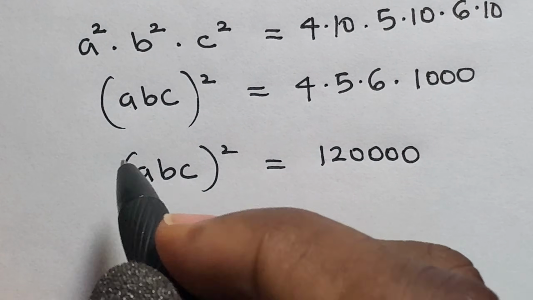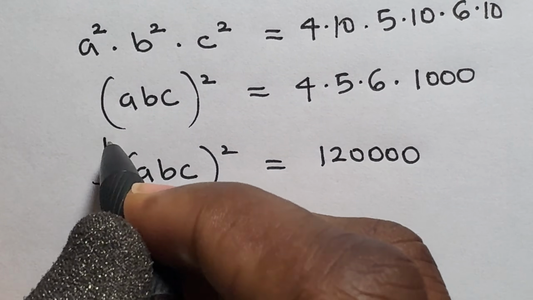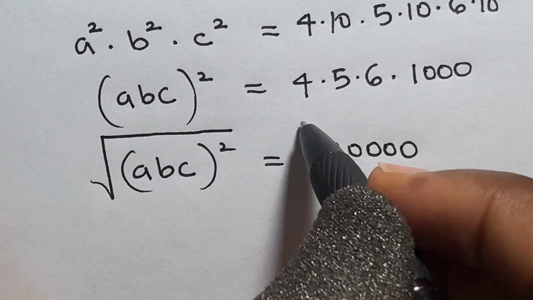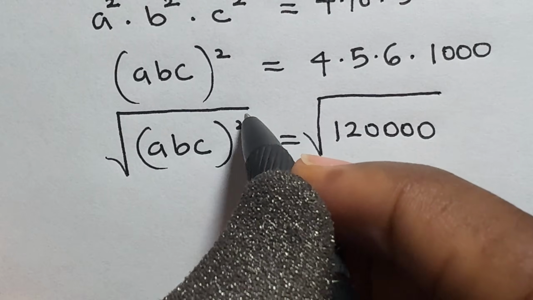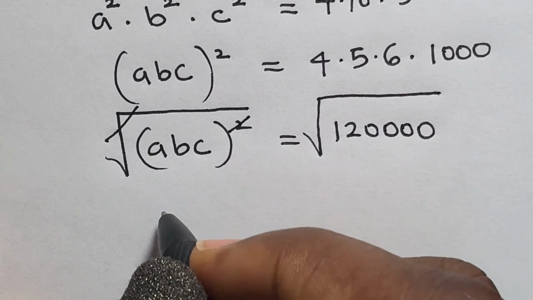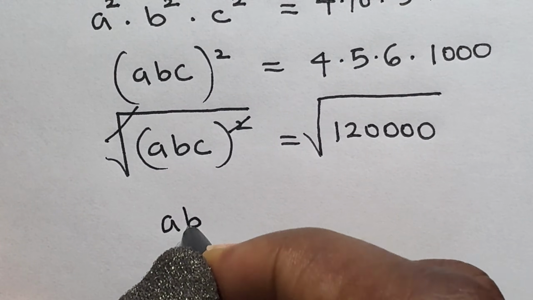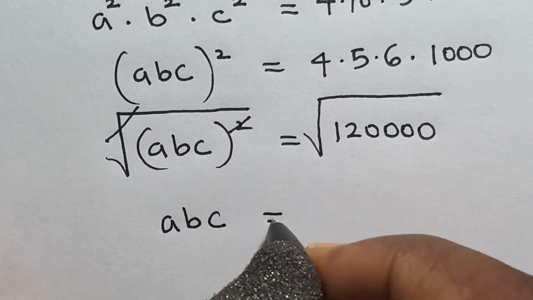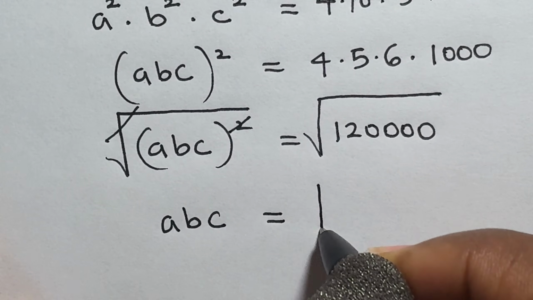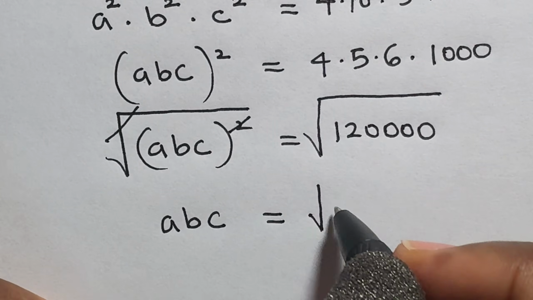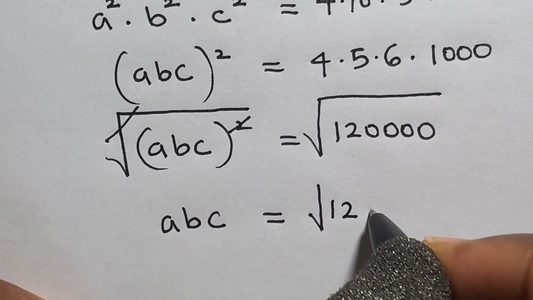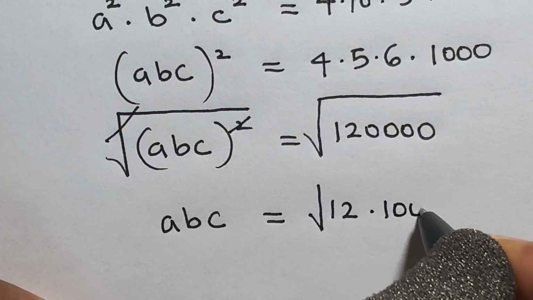And now I'm going to take the square roots of both sides. So that when this takes care of this, we'll be left with A times B times C is equal to the square root of, let us break this into 12 times 10,000.